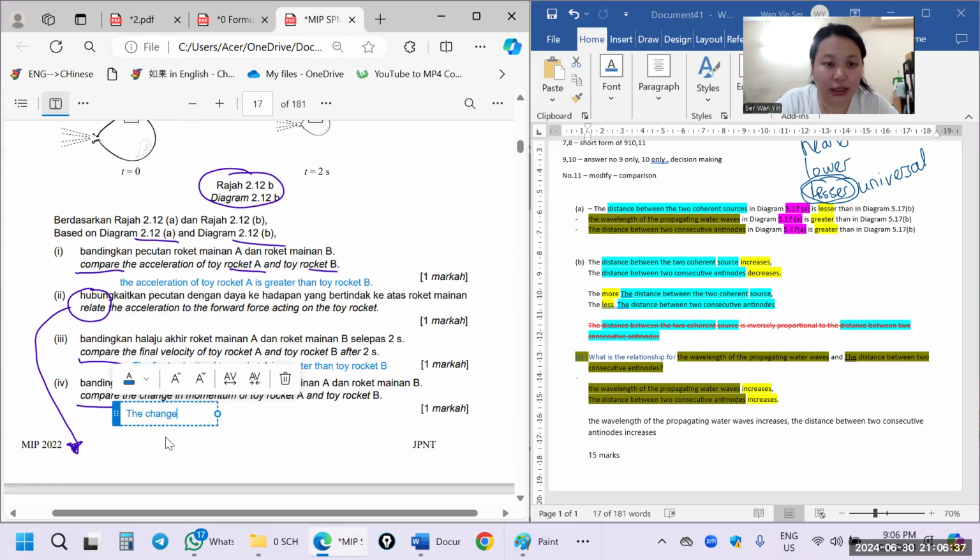The change in momentum of toy rocket A is greater than in toy rocket B.